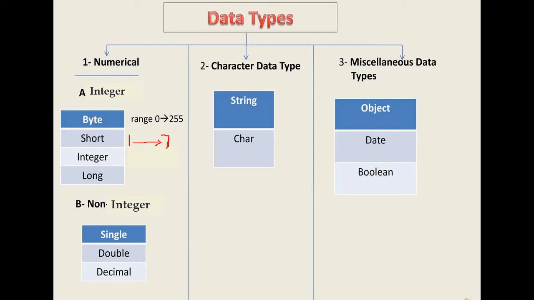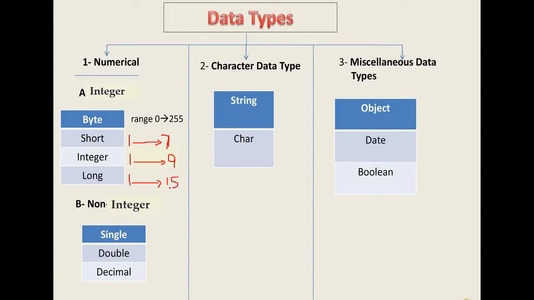So the maximum digits that can be entered inside this object is 7 digits. Okay, what about the integer? The integer is the same but longer, from 1 to 9 digits. And the long type of integer numerical data types, the user can use from 1 digit up to about 15 digits.